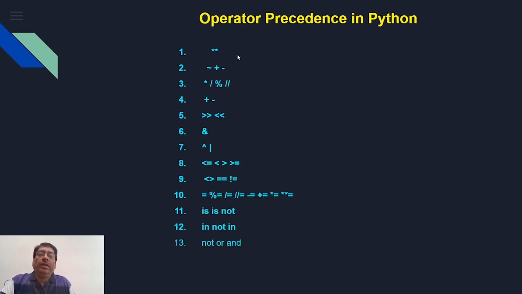For example, say you have a statement wherein you are using 4 different types of operators, then you should know which operator among them will work first, which will work next, and so on. So this is how the precedence of operators is given in Python. Just remember which operator will work first in case you have 2 operators used in a particular statement. So just go through this.